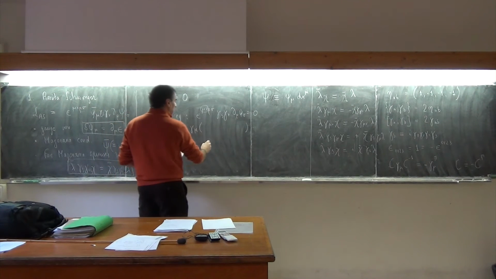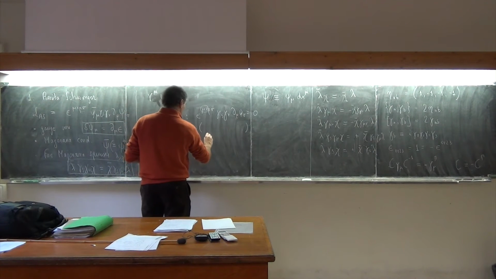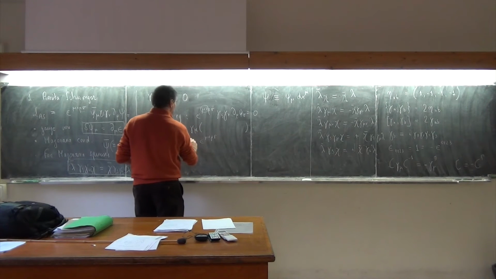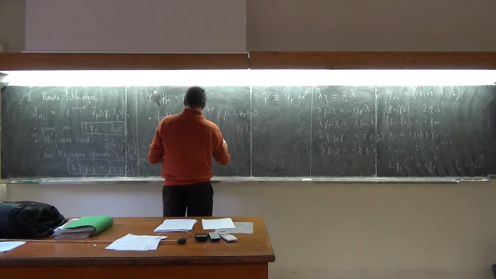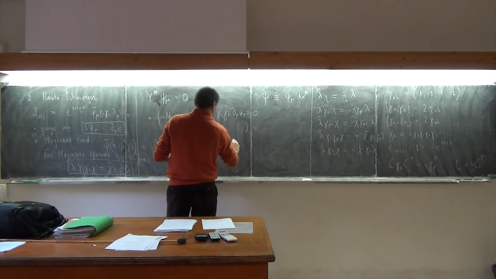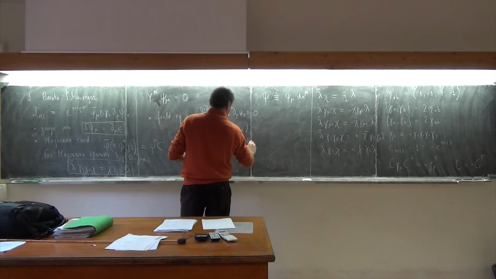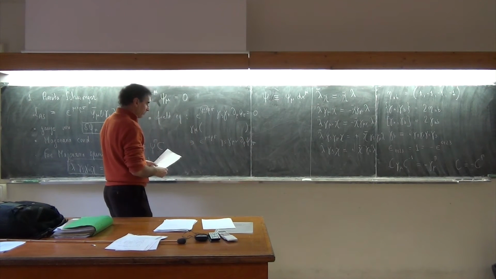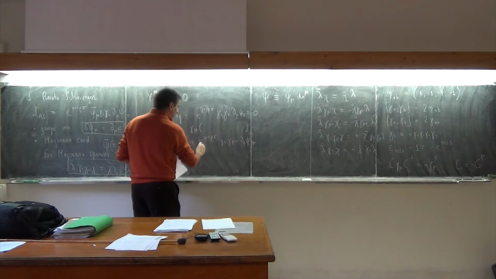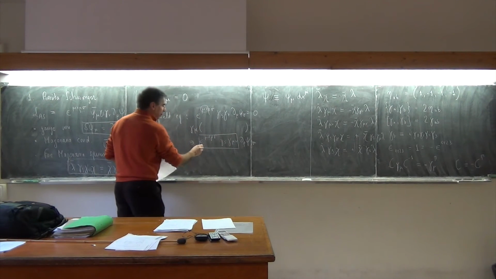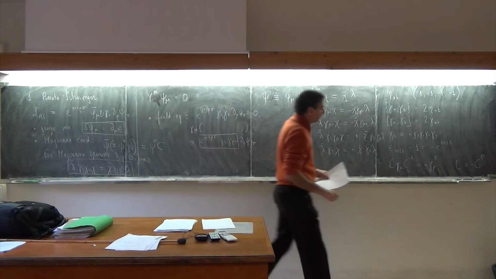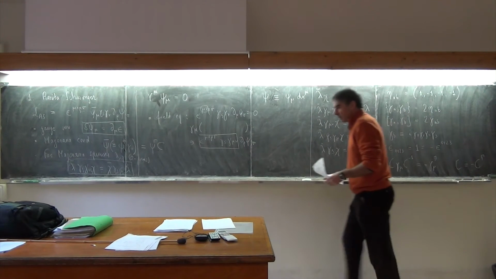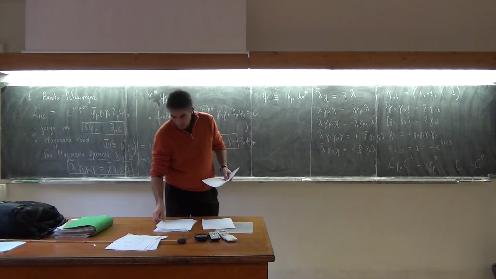So you reconstruct something like epsilon mu rho sigma, and you have gamma 5, gamma mu, and then d rho psi sigma. But now, this quantity here, we should maybe add it to the list.